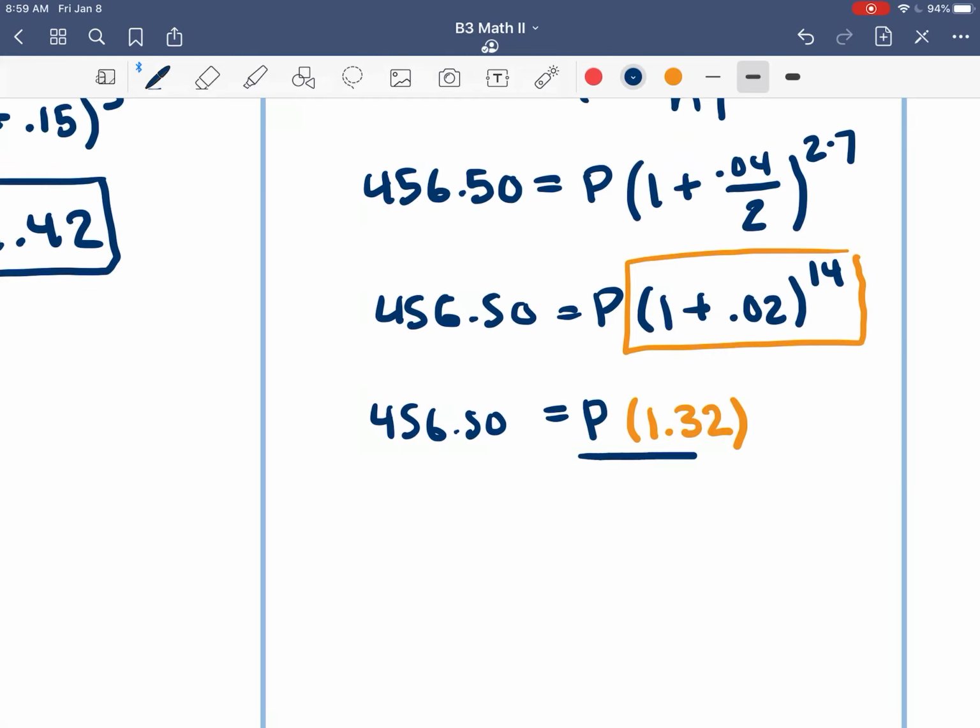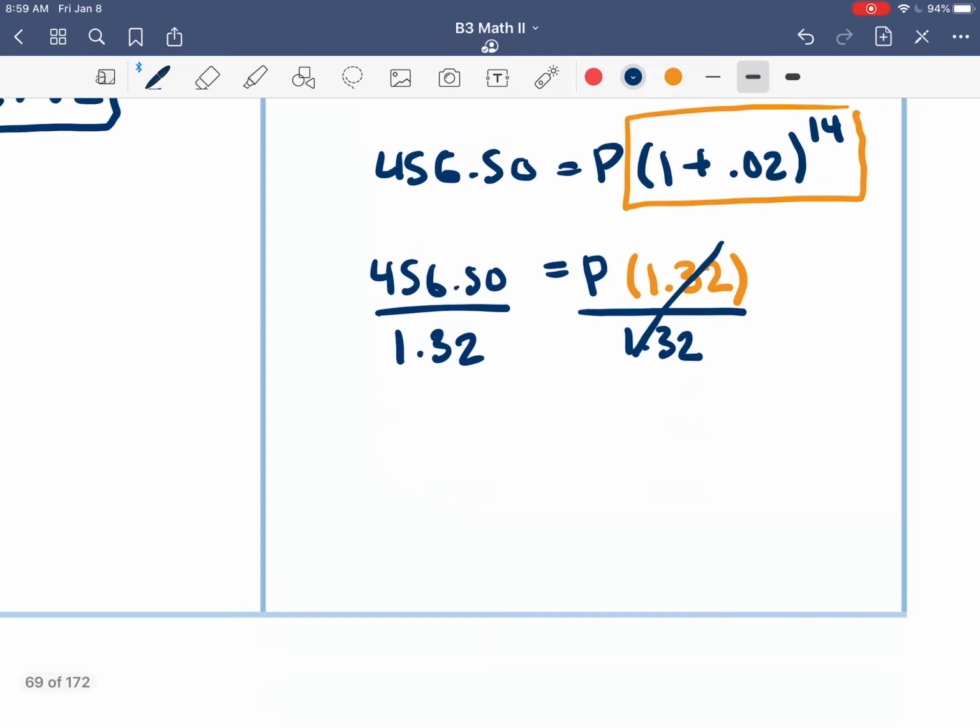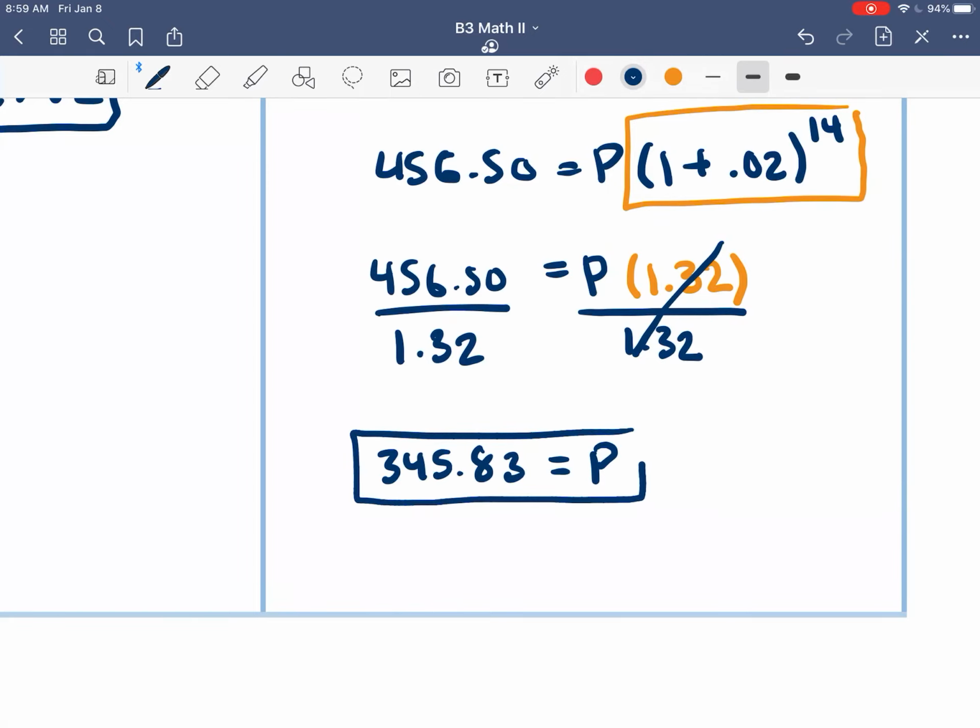In order to solve this, we have to just do a tiny bit of algebra by dividing by 1.32 on both sides so that that goes away. And then we will just have P on that side, and then 456.50 divided by 1.32 gives you $345.83.